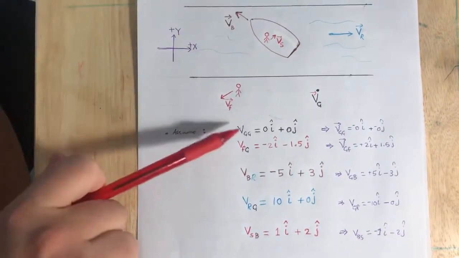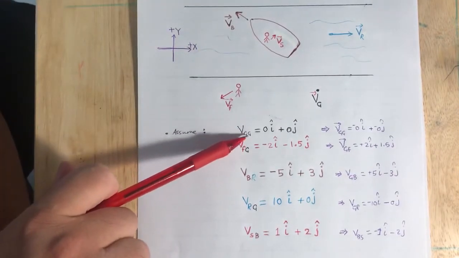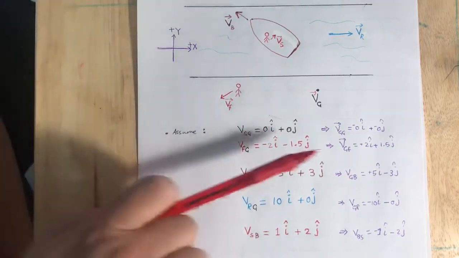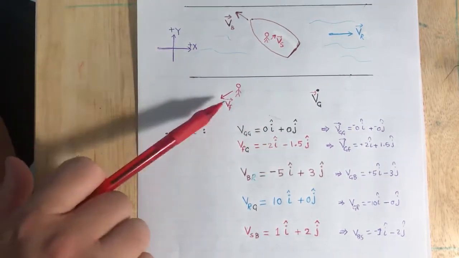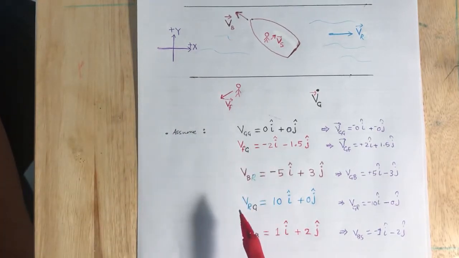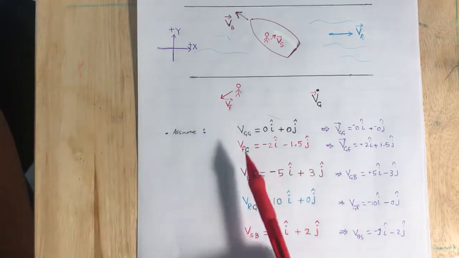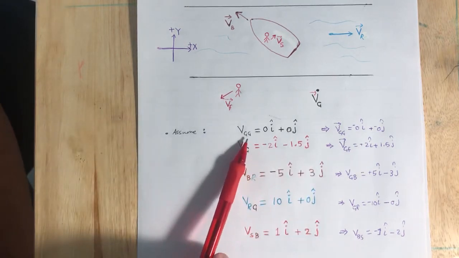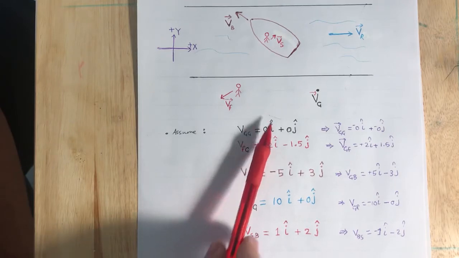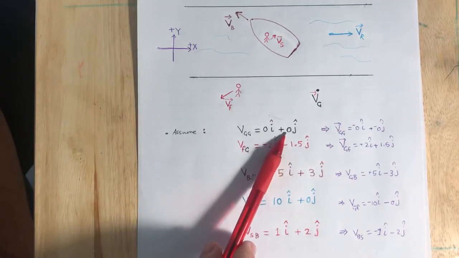If we have the velocity of the ground with respect to the ground in 2 dimensions, i and j, because we are in a plane now, not in 3D, but you can apply these concepts to 3D. The velocity of the ground with respect to the ground is 0 in the i direction, the x direction, and 0 in the j direction.